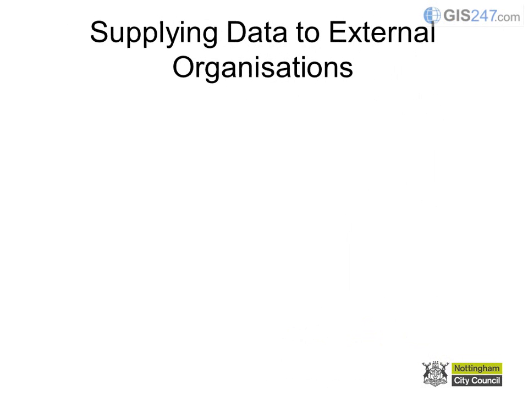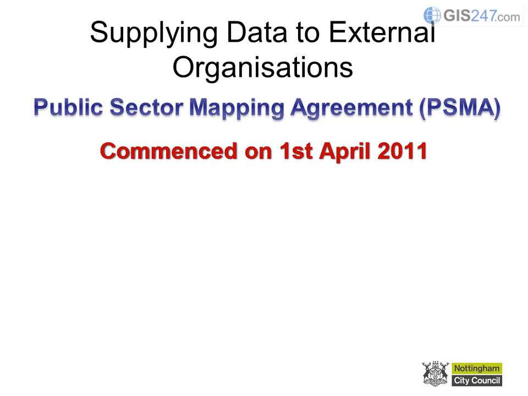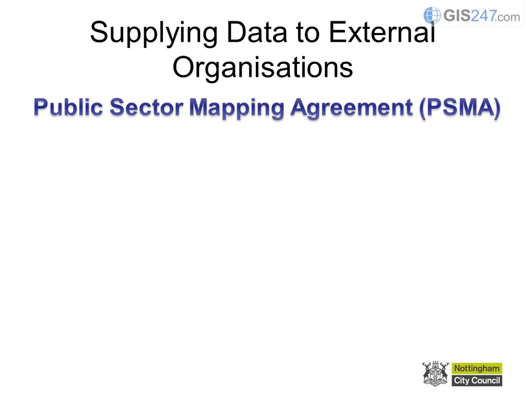There are a few issues that you should be aware of if supplying GIS data and maps to external organisations. The first of these relates to the PSMA. From the 1st of April 2011, the Public Sector Mapping Agreement, PSMA, came into place, replacing the former Mapping Services Agreement.